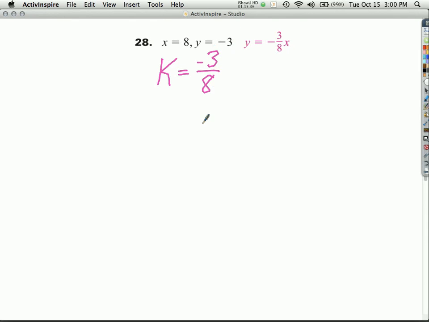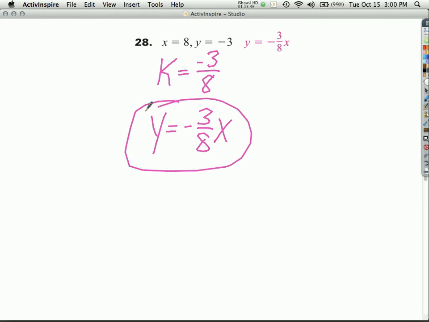But then you are asked to write an equation. So y equals negative 3/8 x is the equation you get from that. Okay? So where did we go wrong? What was the issue? Perfectly simple, reasonable little mistake. Not a big deal.